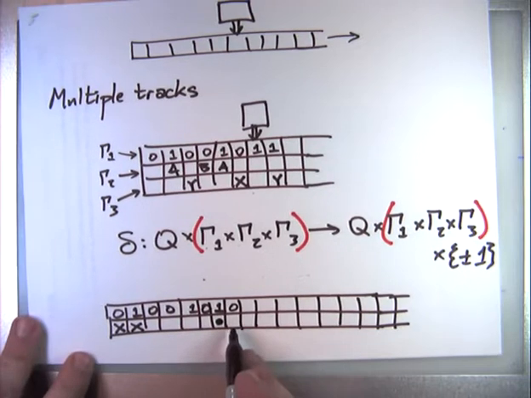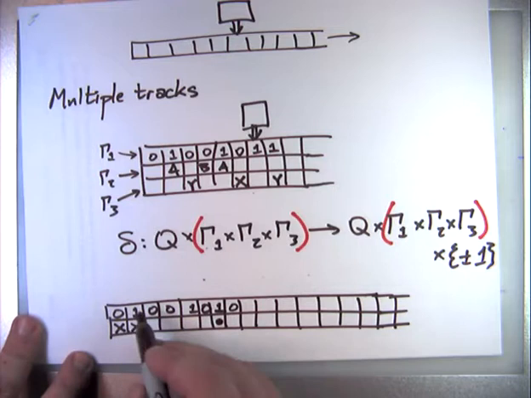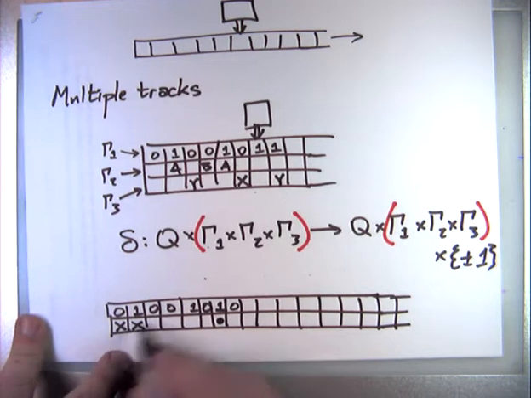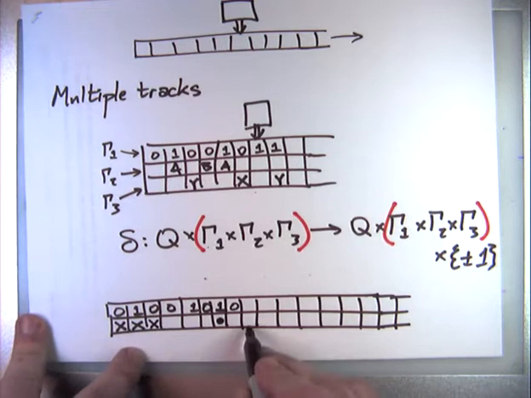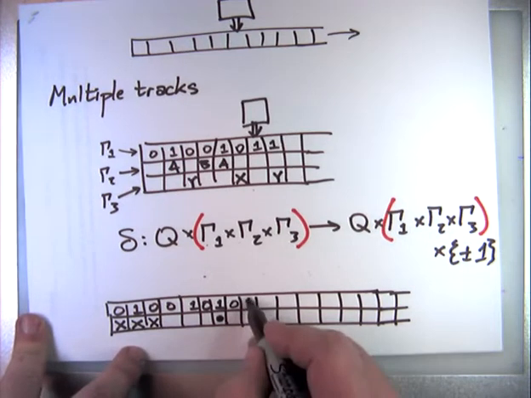And then I scan backwards until I see an X, read the character under the X, and store it in my internal state. Then, as I'm passing by, I write down another X. When I get to a blank on the tape, I write down that other character.